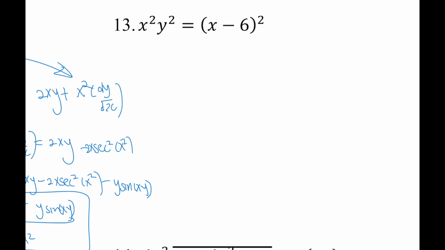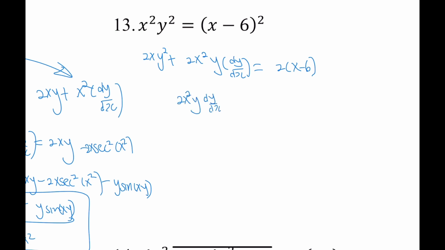So 2x y second plus 2x squared y, right? Yeah, and then dy over dx is equal to 2x minus 6, right? Okay. So 2x squared y dy over dx is equal to 2x minus 6 all over 2xy squared.